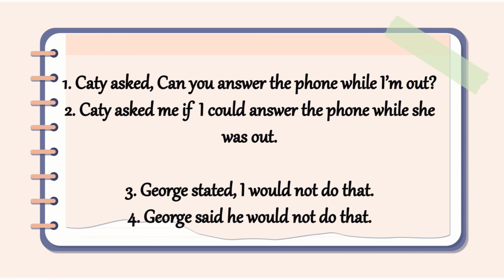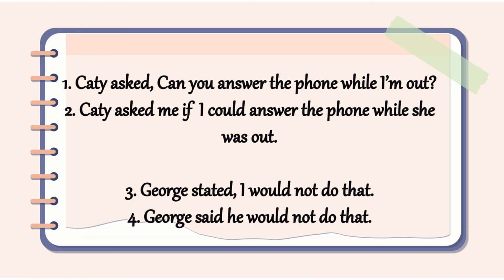Another example, if you have can. For example, Kathy asked, can you answer the phone while I'm out? So, if you want to say the same question in reported speech, you have to say, Kathy asked me if I could answer the phone while she was out. So, if you notice, you are changing the auxiliary can into could, right?